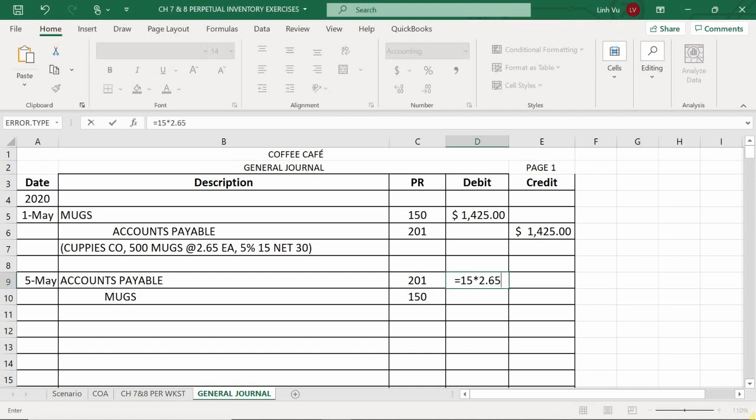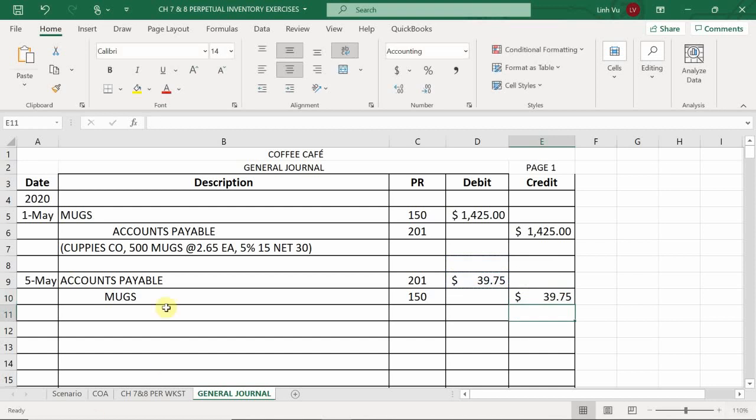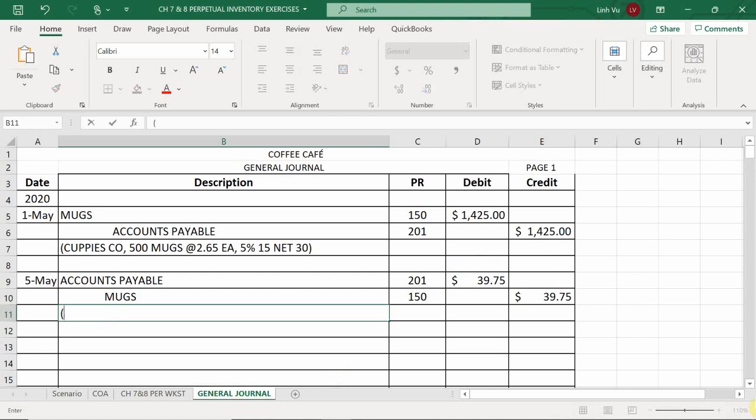How much is my total refund going to be? $39.75. So I'm going to make a note here that I returned 15 broken mugs at $2.65 each for full refund.